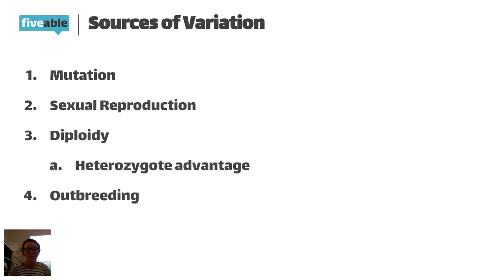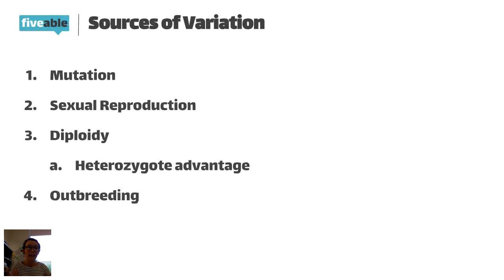Sexual reproduction. Thank goodness for sexual reproduction, because it creates a ton of variation. If you think about it, you are not a carbon copy of either of your parents, right? Because during the process of meiosis, which you may have covered in an intro bio class, we have independent assortment of our chromosomes during the production of egg and sperm.